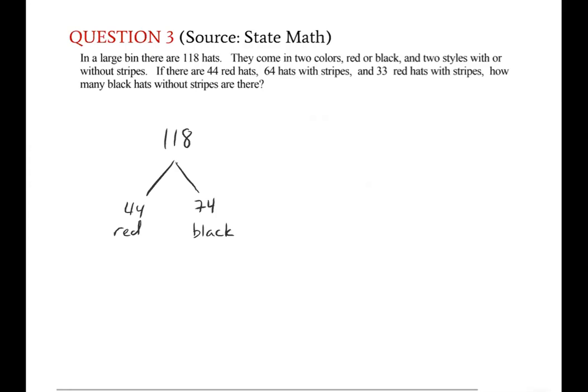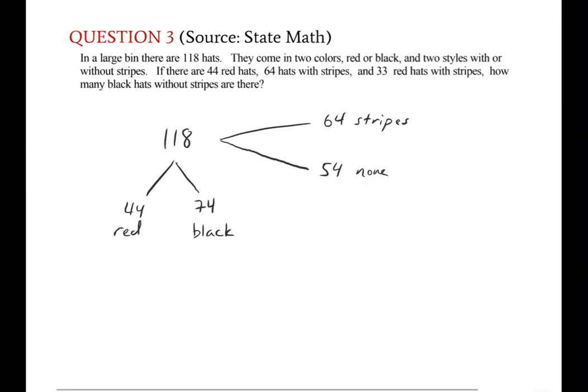We also know that 64 hats have stripes. So that means 118 minus 64, which is 54, so we know that 54 hats have no stripes. We want to find out how many black hats without stripes there are.